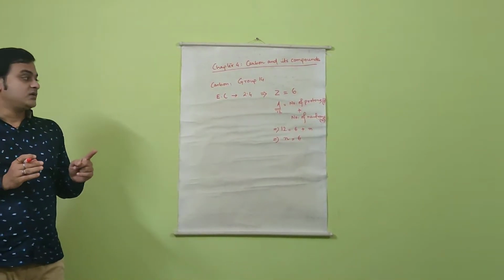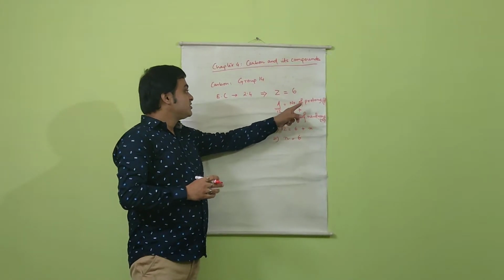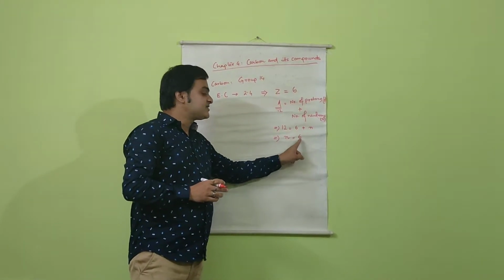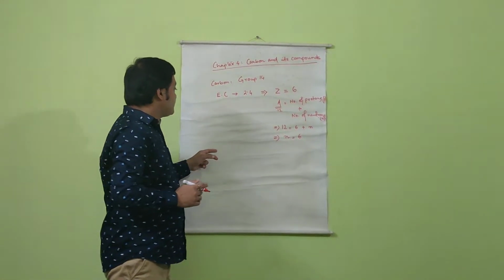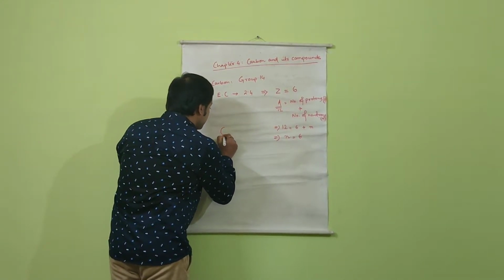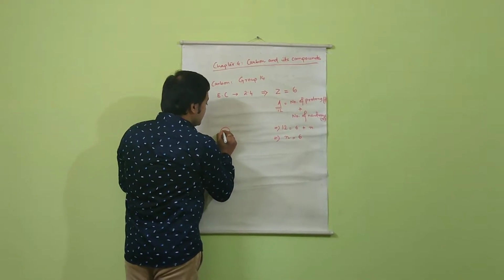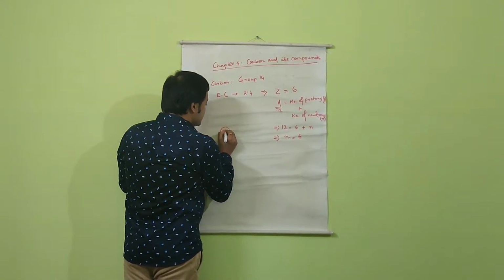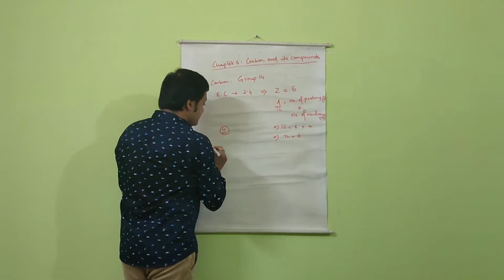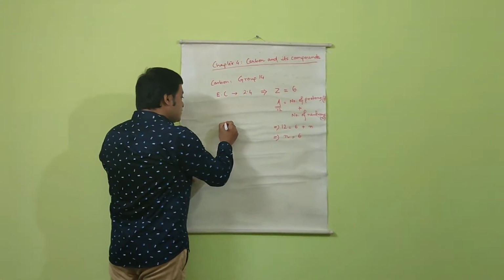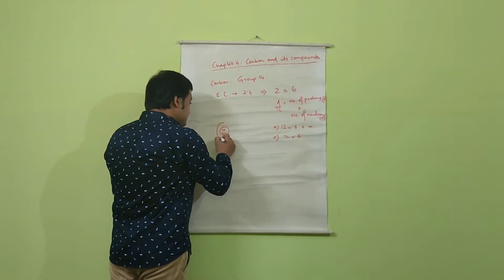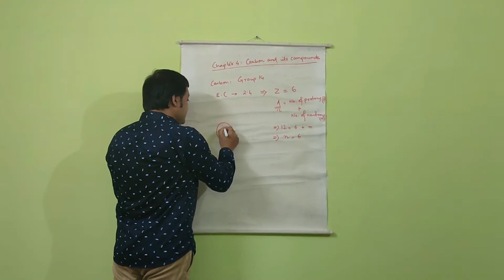So within the nucleus there will be 6 protons and 6 neutrons, and so let us consider this to be the carbon nucleus, and it will contain 6 protons here and 6 neutrons here. These are the 2 subatomic particles.